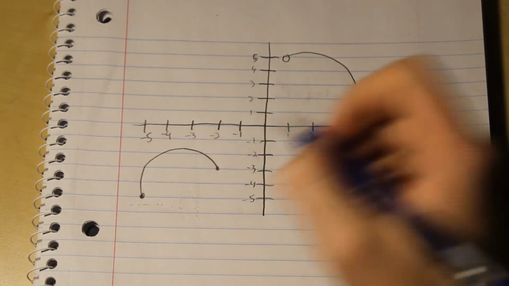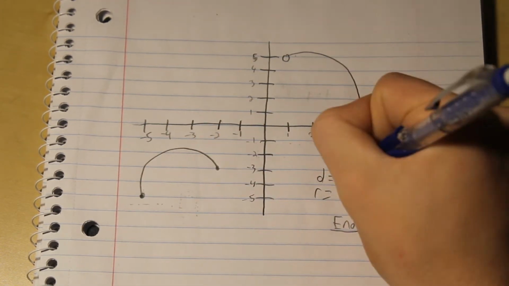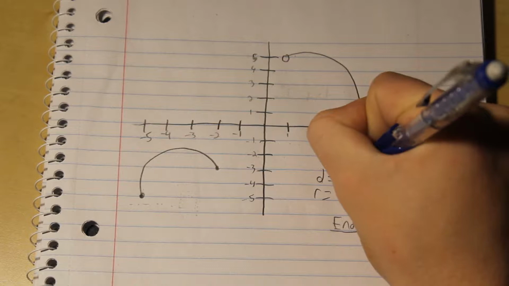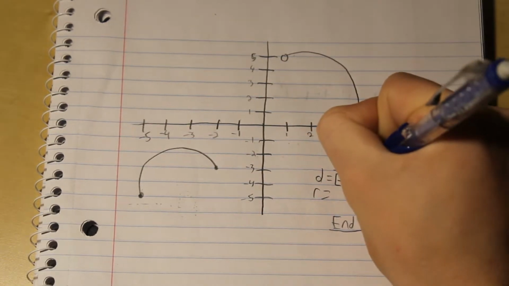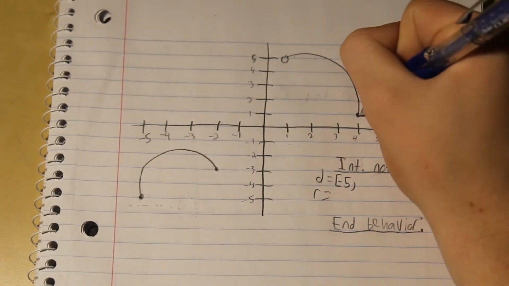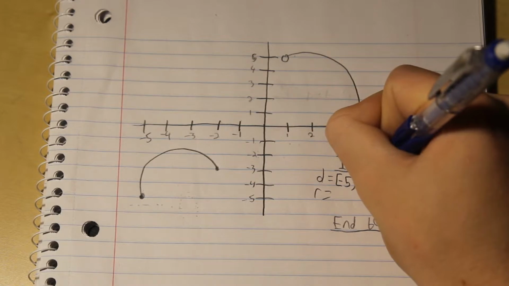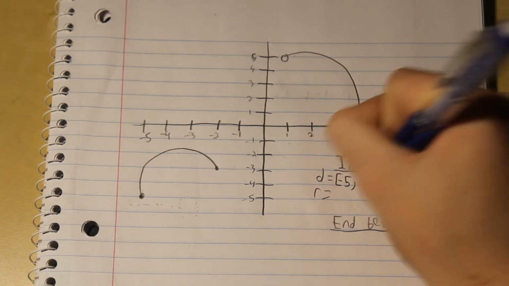So it is on the line, which would be the line of best fit here. And then the furthest right it goes is 4 right here. So we put 4 as our second value, and it is also attainable.